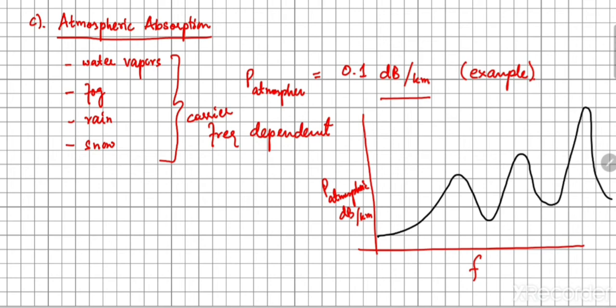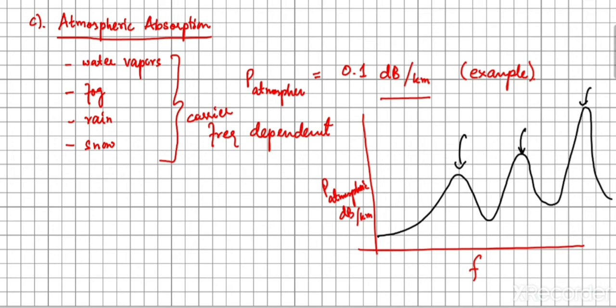It can be interpreted as a very low value at low frequencies, but there are some spikes in the atmospheric absorption at certain distinct frequencies, and these frequencies correspond to wavelengths that have some special relationship to the size of molecules of, for instance, various gases or water vapors.